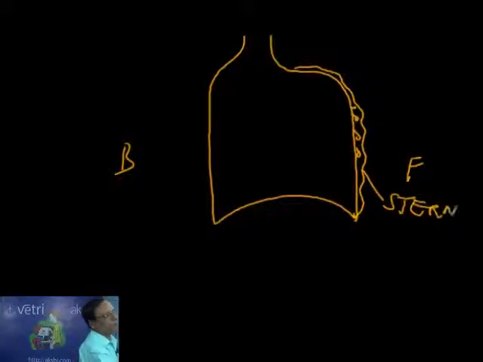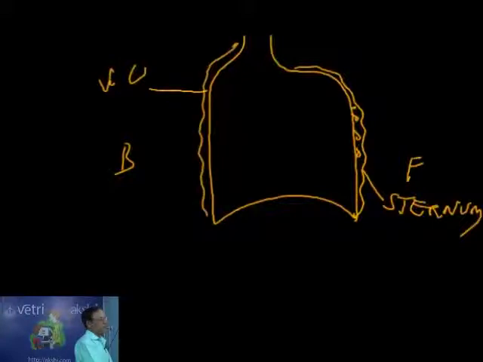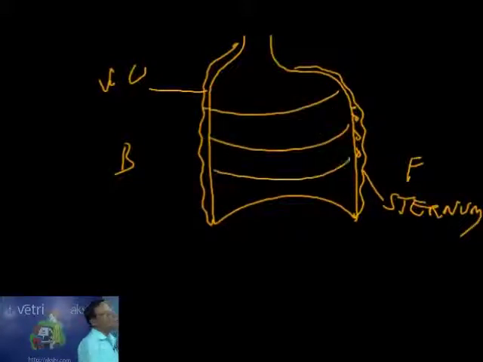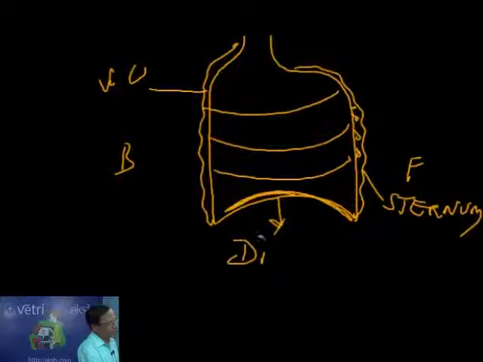The sternum, the chest bone. At the back, this is the vertebral column, the backbone. Then at the lateral sides there are flattened, curved bones called the ribs, encircling the lateral sides. Then on the lower side we have an arch or dome-shaped structure called the diaphragm.